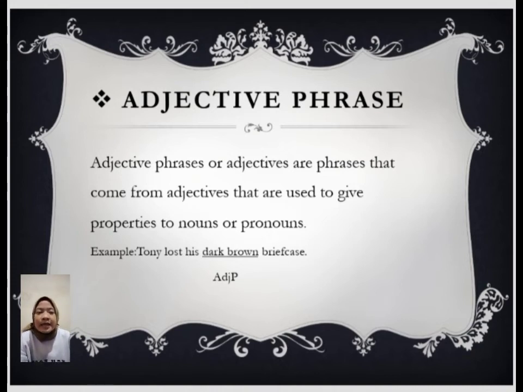For example, an adjective phrase is: Tony lost his dark brown briefcase. Here, where is the adjective phrase? Yes, of course. The adjective phrase is dark brown.